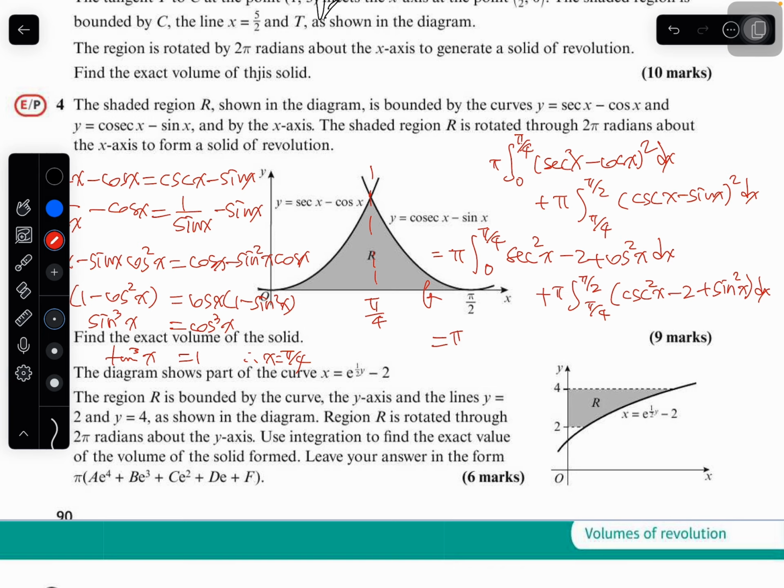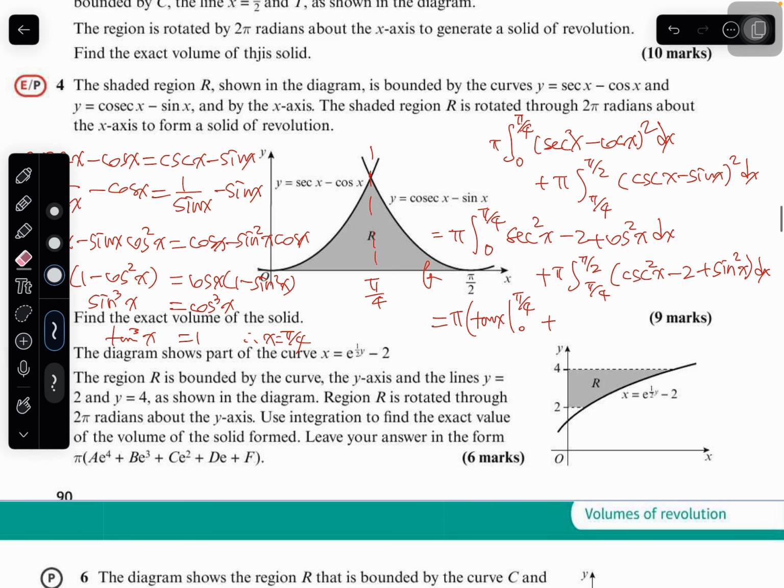So the antiderivative of sec squared x is tan x. So from 0 to pi over 4 we have tan x minus 2x, plus, for cosecant squared x, negative cotangent x minus 2x from pi over 4 to pi over 2.